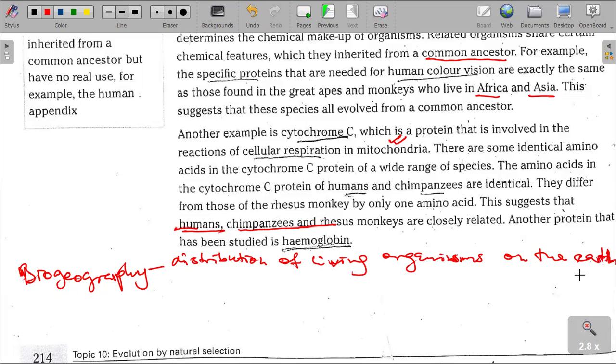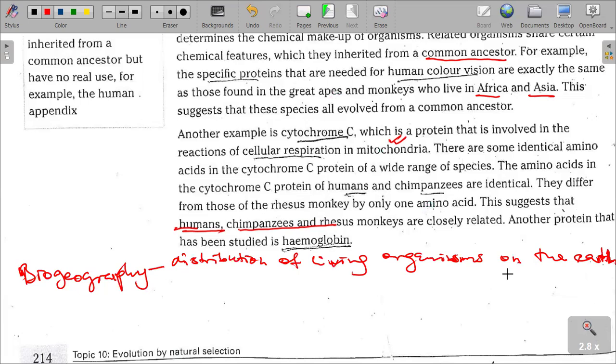The distribution of living organisms on the earth is called biogeography. So what I want you to understand is that it is the distribution of living organisms on earth.